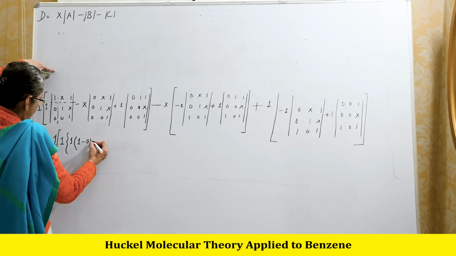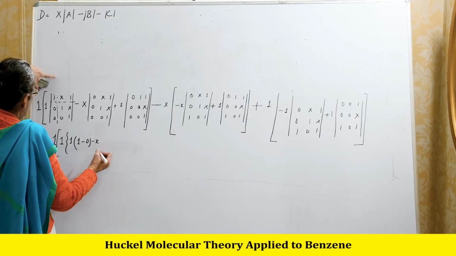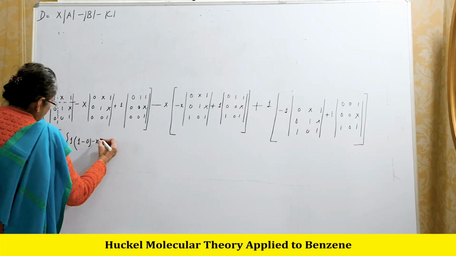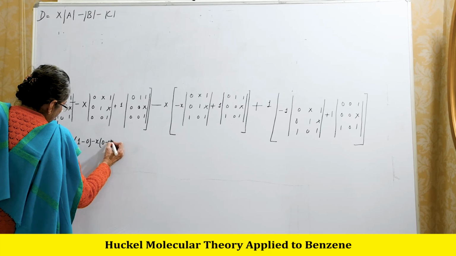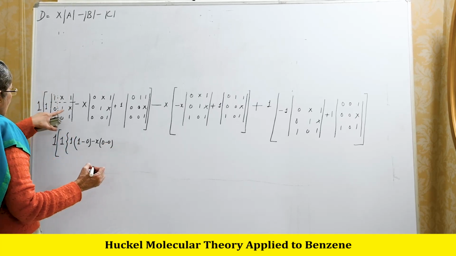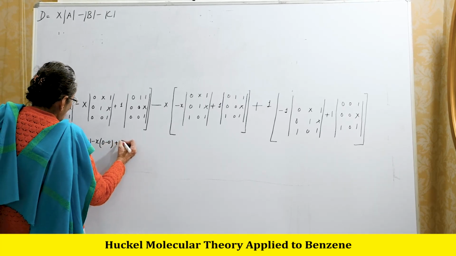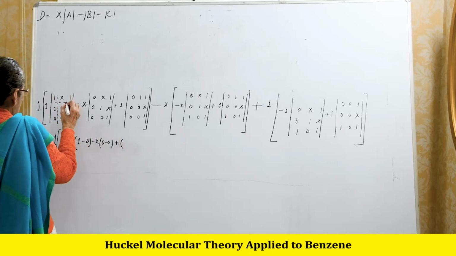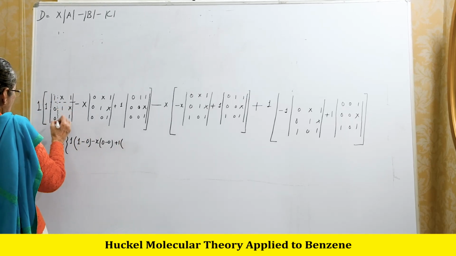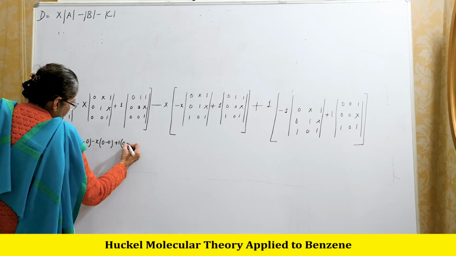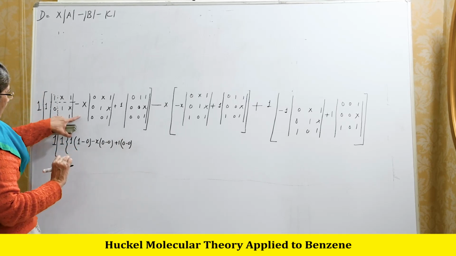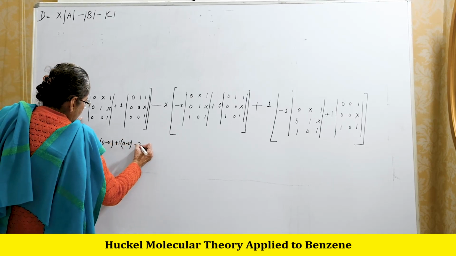Now minus x, 0 minus 0, 0 minus 0, and plus 1. Then 0, 0 minus 0, 0 minus 0. Now if we come for this, minus x.